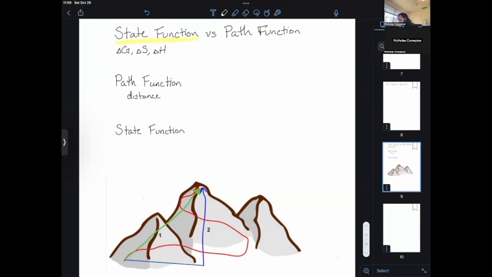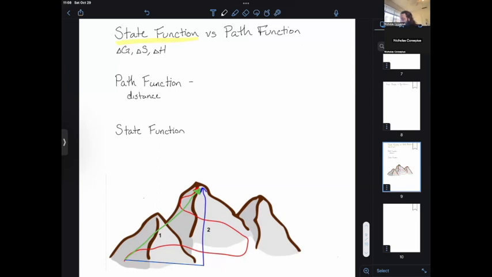Let's just compare the two extremes, the red and the green. Although they started in the same place and ended in the same place, that green hiker took a beelined path directly up that mountain, right? So traveled a shorter distance than the red hiker, which took a little bit more of a meandering path back and forth, getting to the very top.